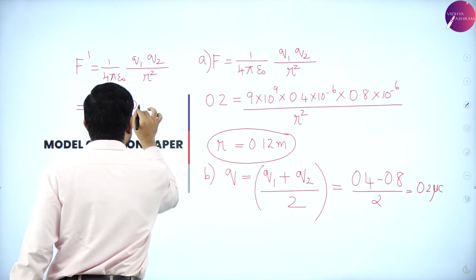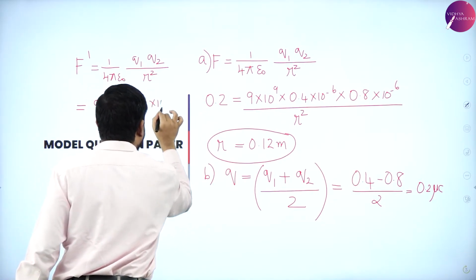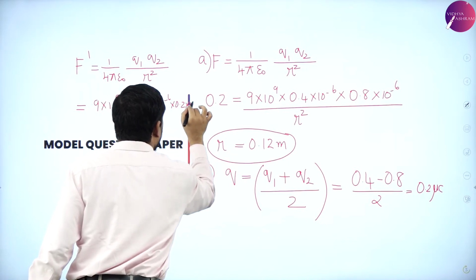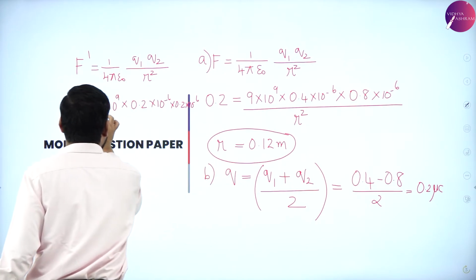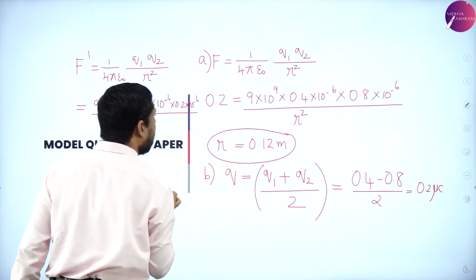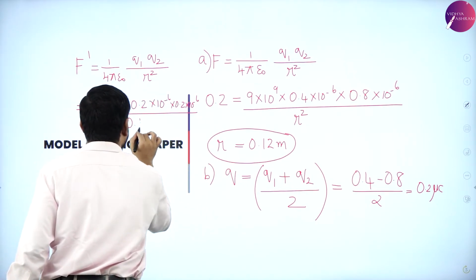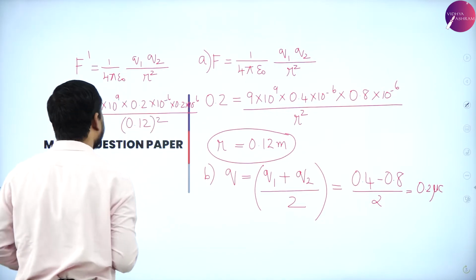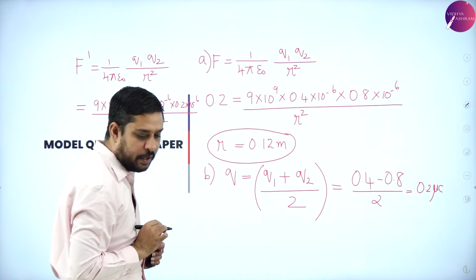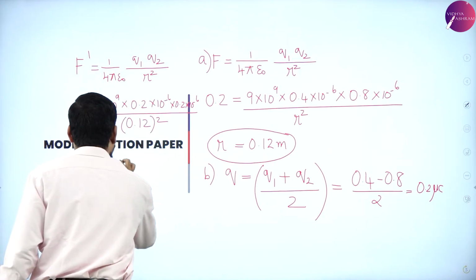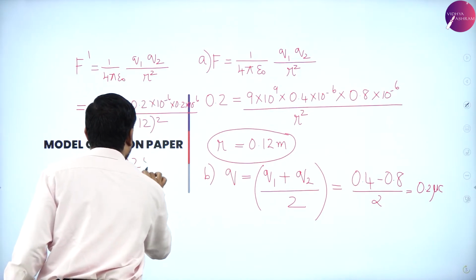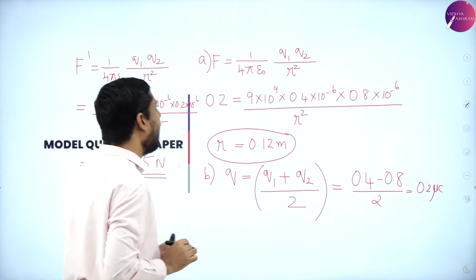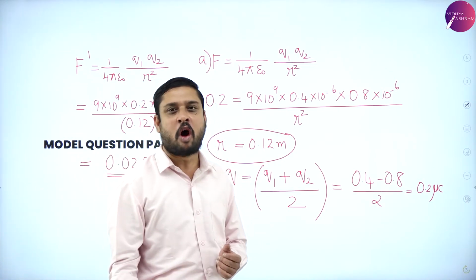Q1 is 0.2 into 10 power minus 6, 0.2 into 10 power minus 6 by R square, whole square, which is equal to 0.025 Newton. So very easily again I have simplified the problem.